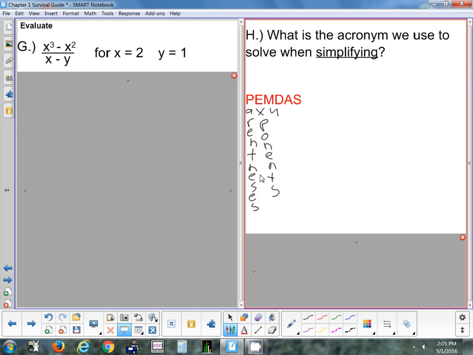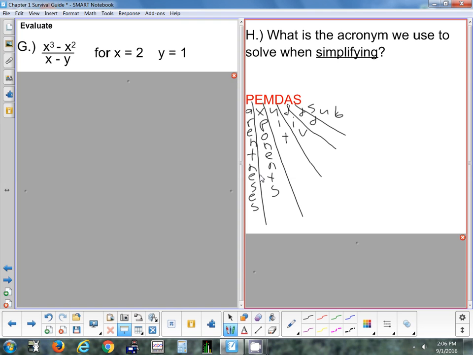Multiplication. Multiply, yep. Division. Adding and subtracting. It's like a rainbow or something. Yeah, so we got parentheses, exponents, multiplication, division, addition, and subtraction.